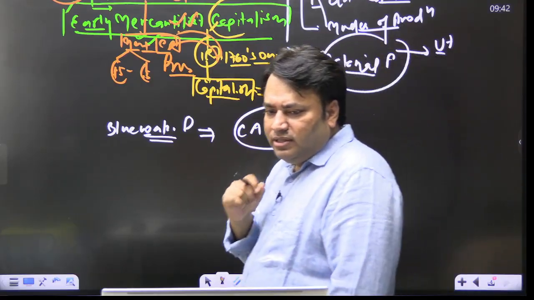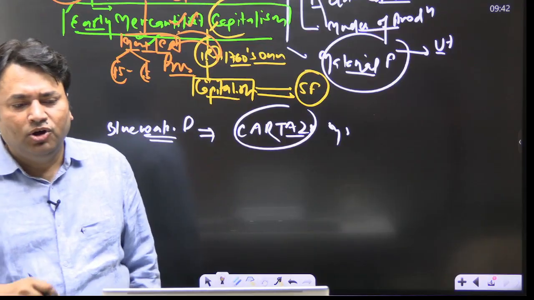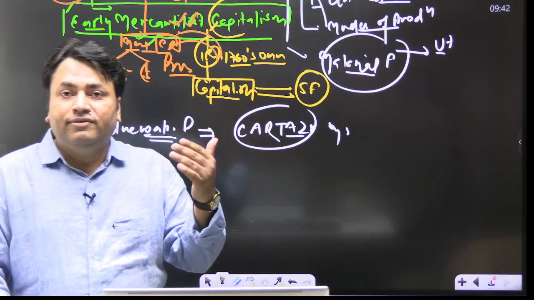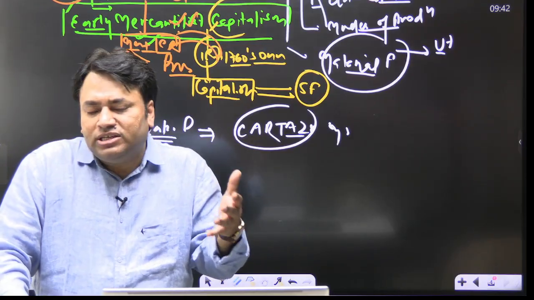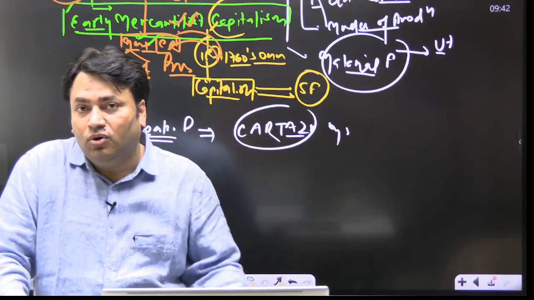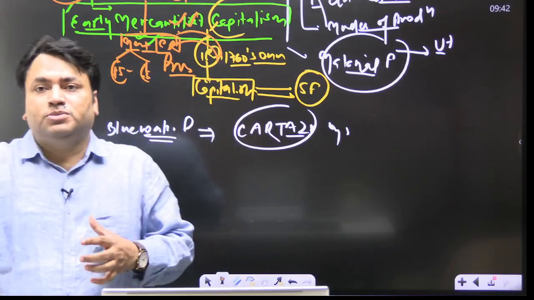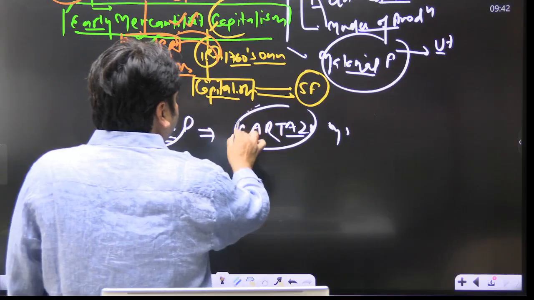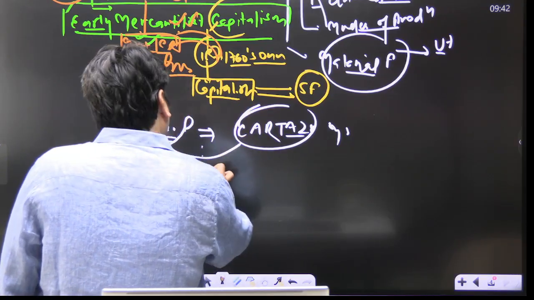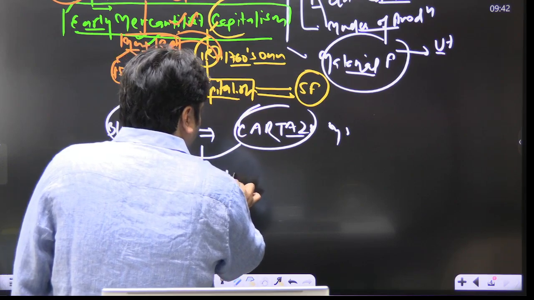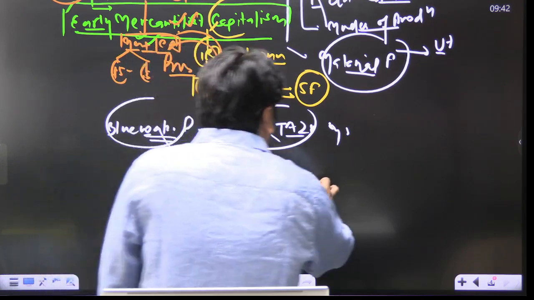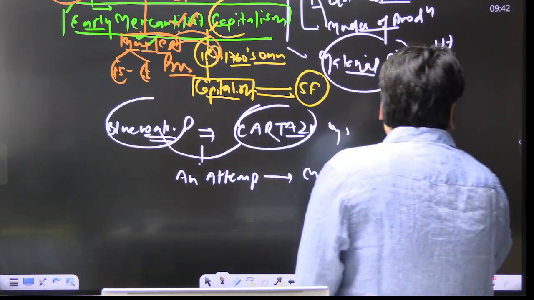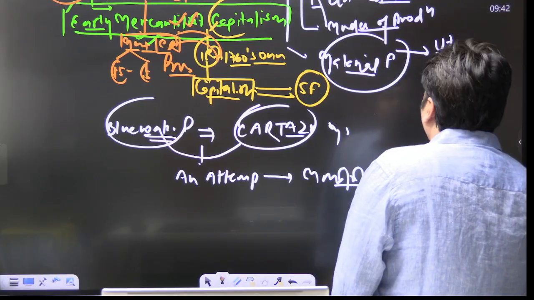Here they see this licensing system, the Cartas system, as an attempt to establish monopolistic control over the surplus production.